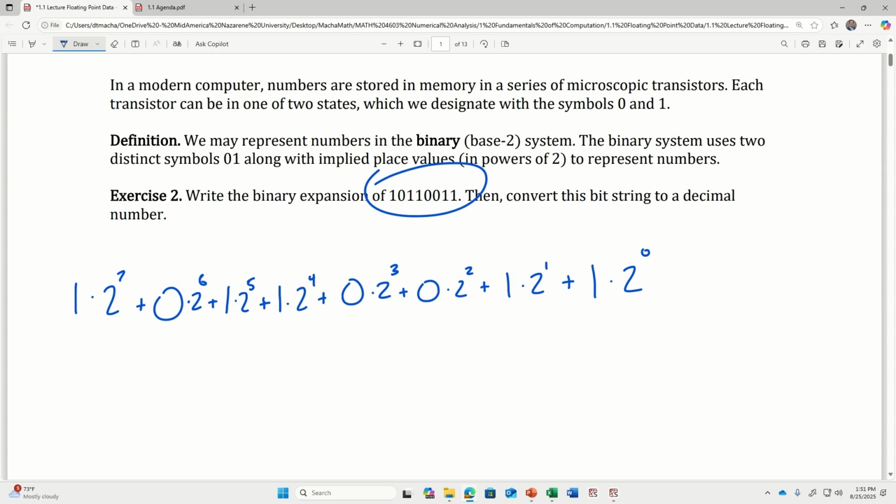Next part of this question, exercise 2 says, convert this bit string to a decimal number, and we can do that just by remembering, that is the number 1, this is the number 2, those are 0, this is the number, what's 2 to the 4th power? 16. This is the number 32.